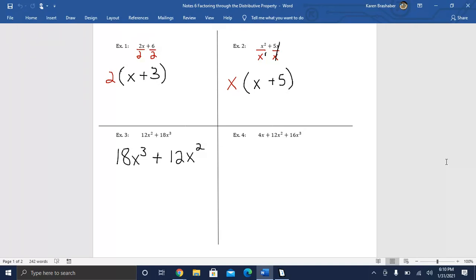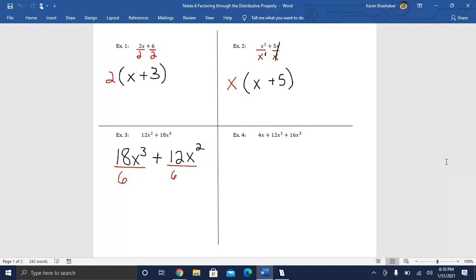And then I have to think of what will divide into both of those numbers. So I can start with 12. 18 will not divide by 12. I'm going to keep going down. So 11, 10, 9. Now 18 will divide by 9, but 12 will not. We'll keep going. 8, 7, and I finally get to 6. Both of these numbers will divide by 6.